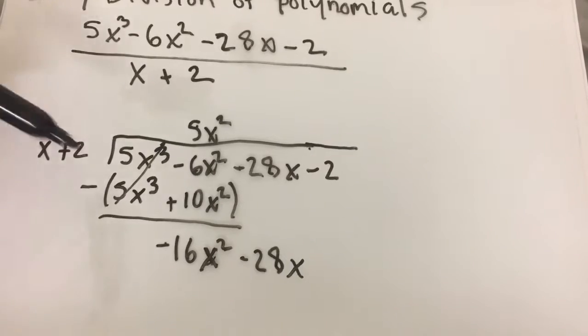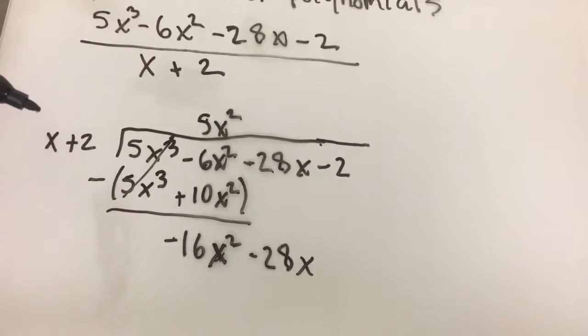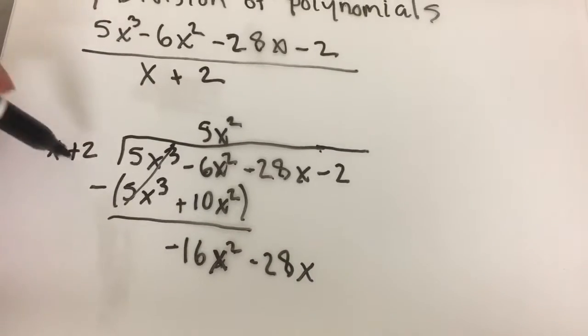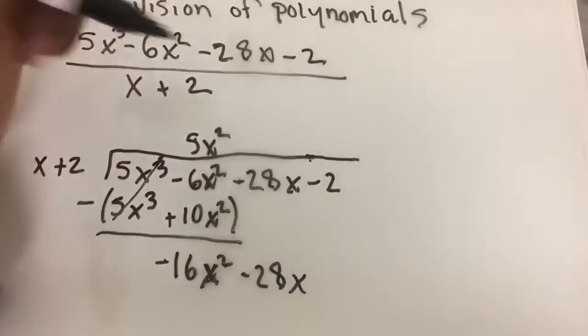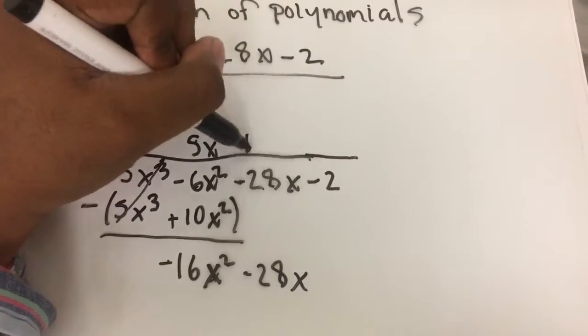So we're going to do the same process again. x times what is going to give me a negative 16x squared? So what is that going to be? It's going to be a negative 16x. So x times negative 16x is going to be a negative 16x squared. So we're going to write minus 16x.